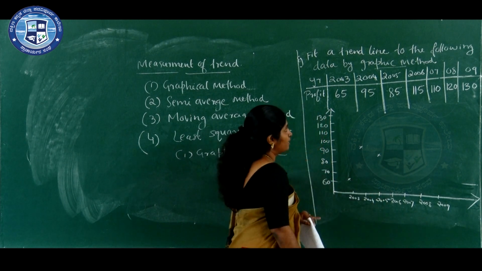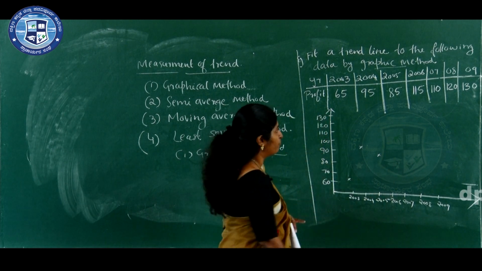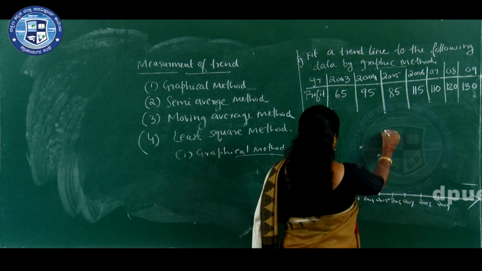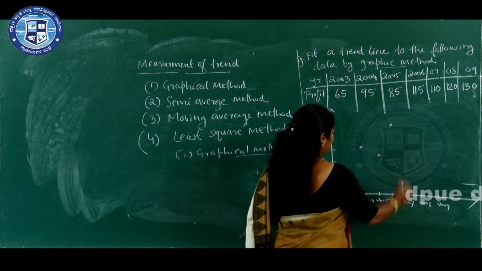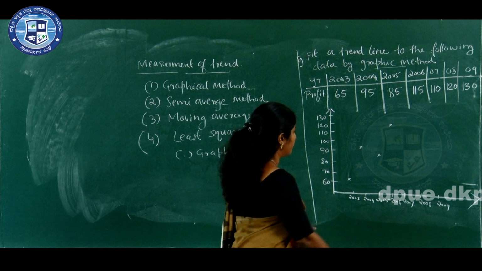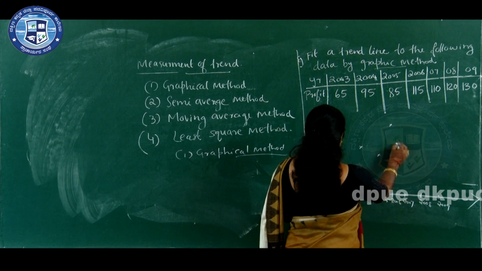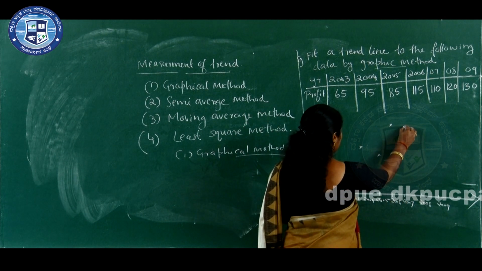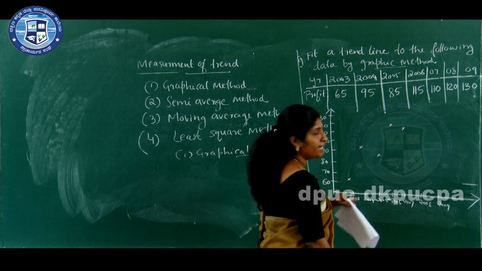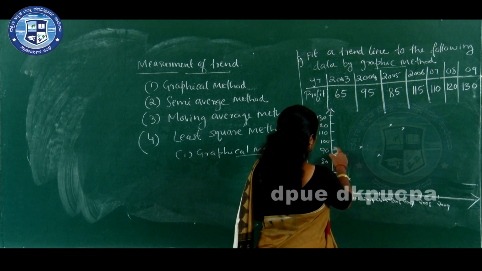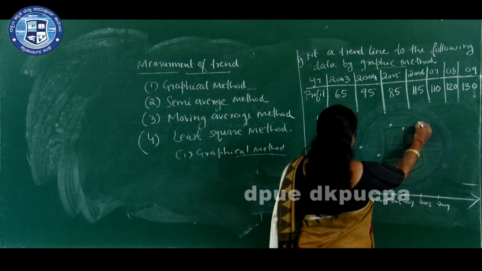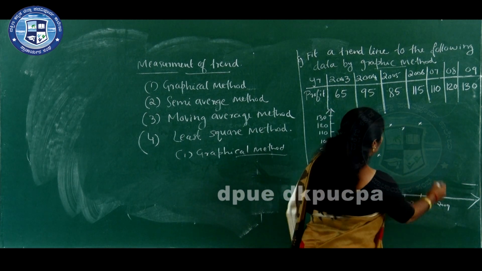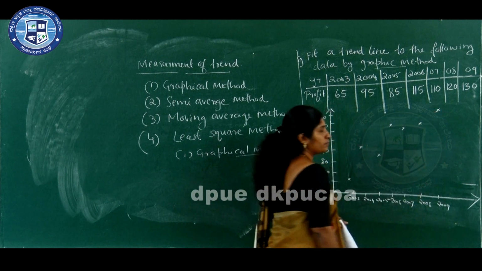Next is 2006, that is 115. And 2007, that is 110. And 2008, it is 120, and 2009, it is 130.